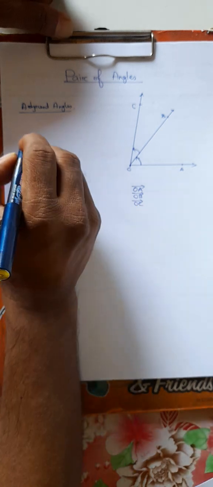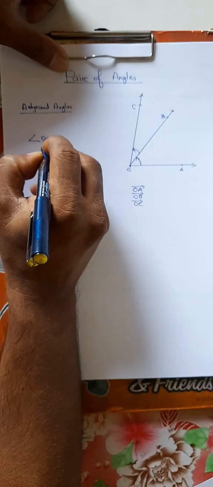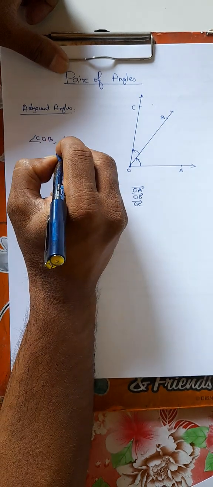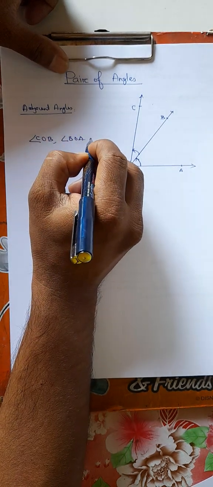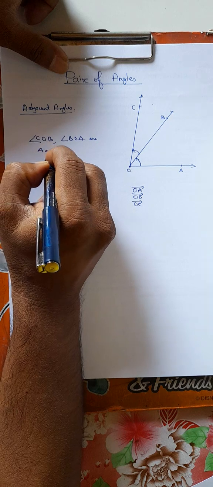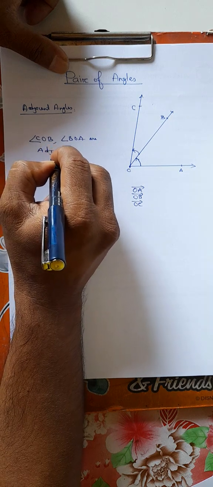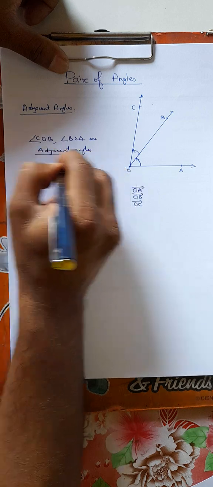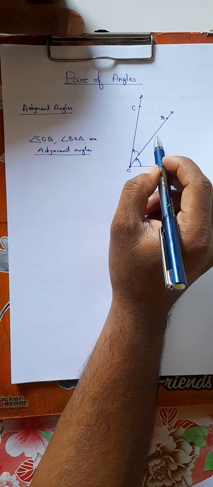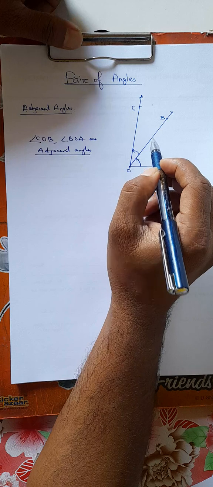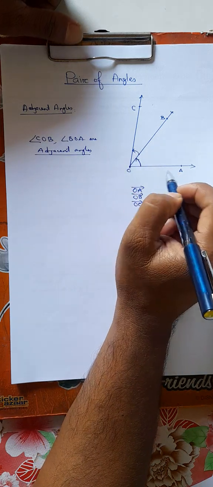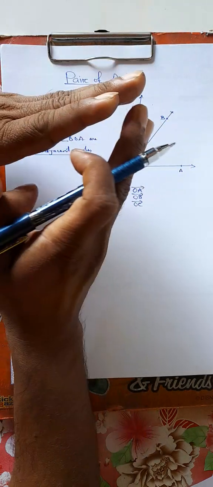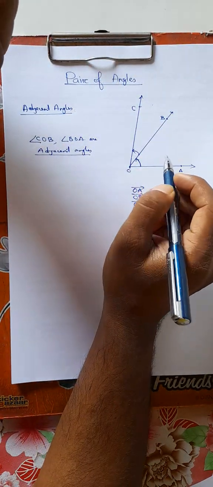Now you see angle COB and angle BOA are adjacent angles. Right? They have common ray OB. OB is the common ray. Non-common rays are OA and OC. They are on either side of the common ray.